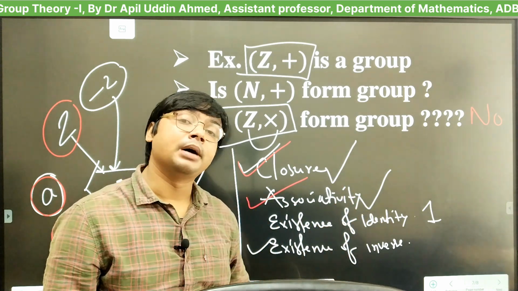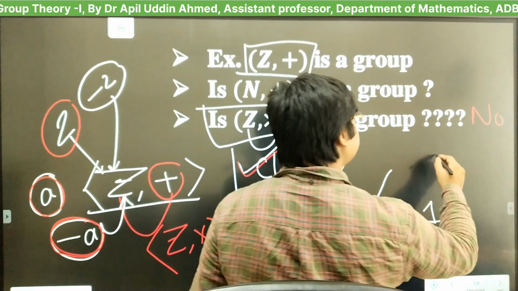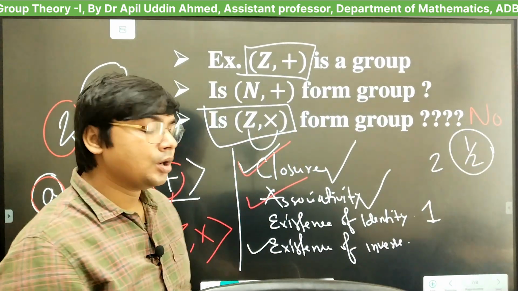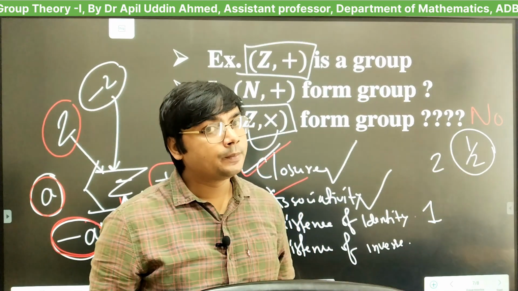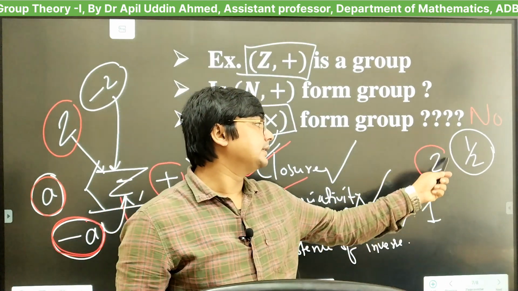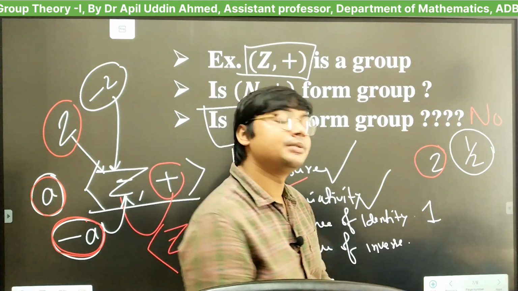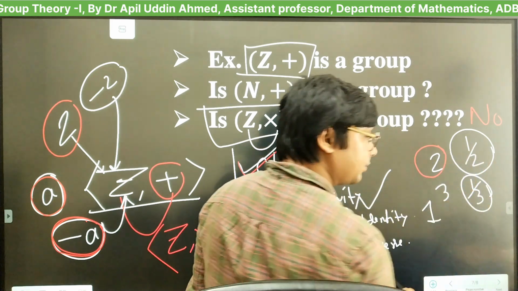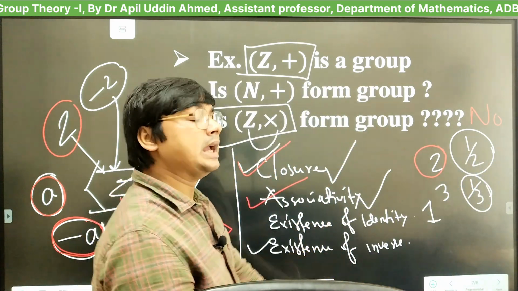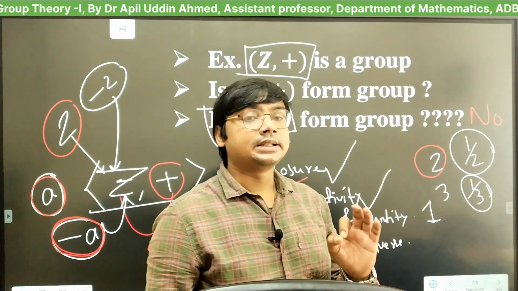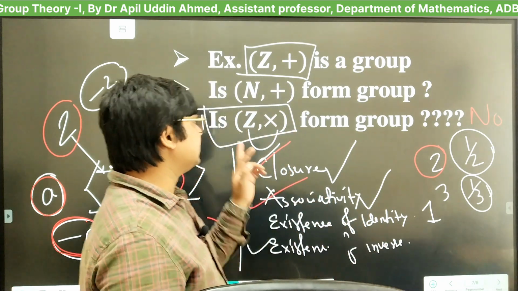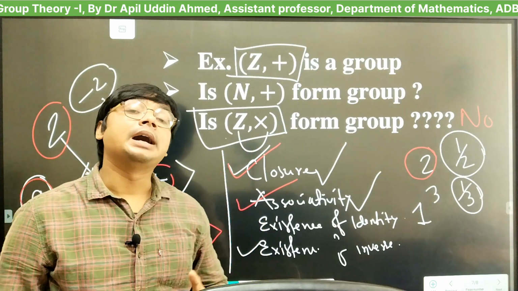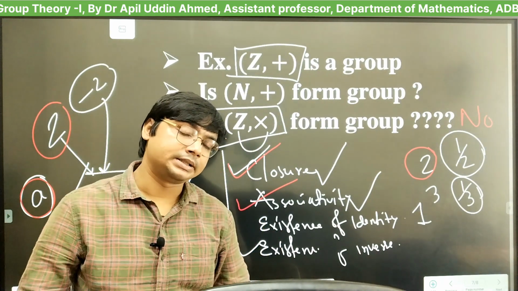But what about the inverse? What is the inverse of 2 with respect to multiplication? 1 upon 2. Is 1 upon 2 in Z? No. The element 2 has no inverse in Z. Similarly, if we consider 3, the inverse of 3 is 1 upon 3 with respect to multiplication, which is not in Z. That means Z does not satisfy the existence of inverse property.